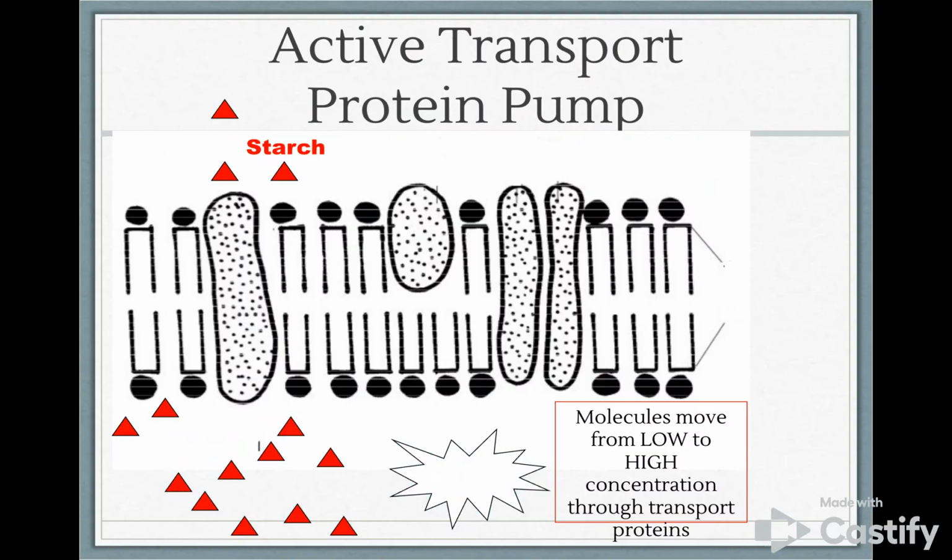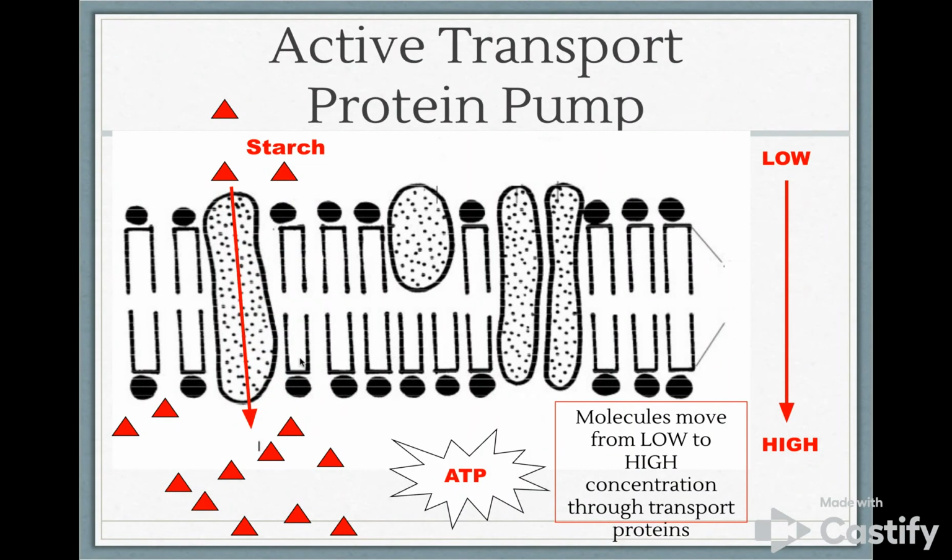All right, so let's say that I have starches in my cell down here. There's a high concentration of starches down here, and a low concentration of starches up here. Normally with diffusion, it would move from high to low concentration, but my cell actually wants more. So it's going to move the starch from low to high concentration.